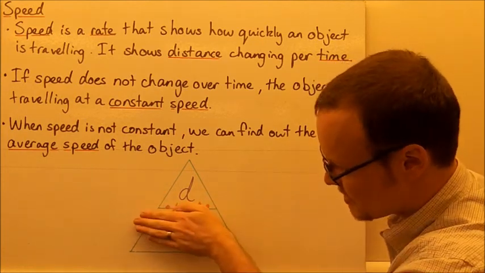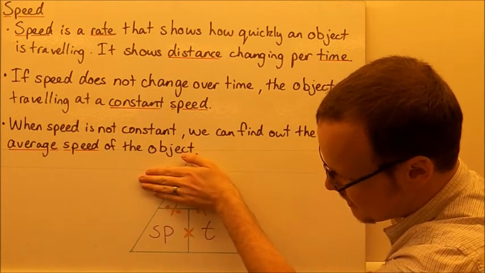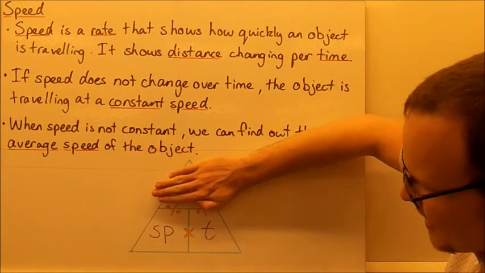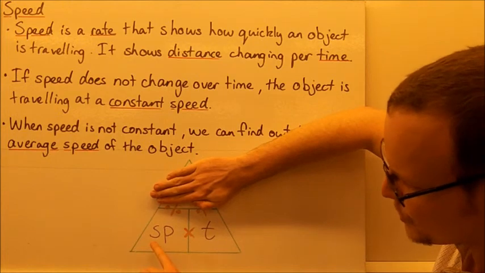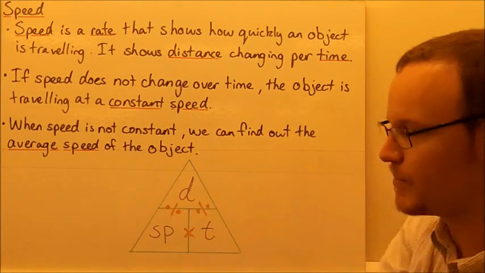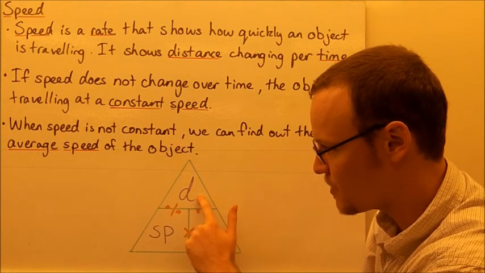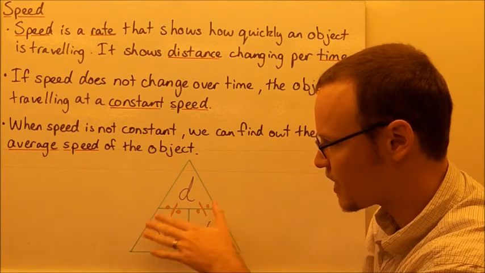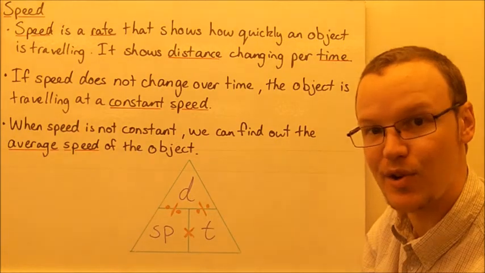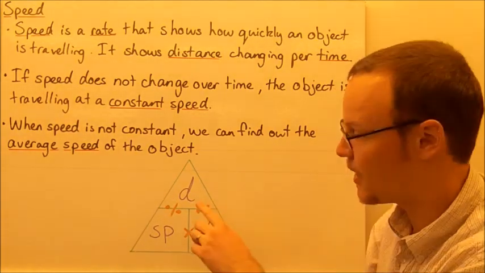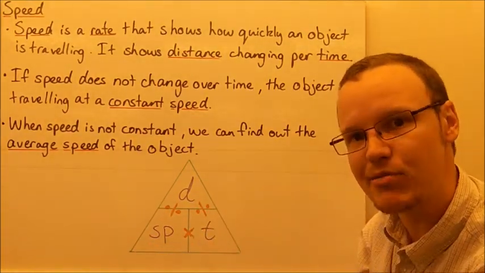If you need to find distance, cover up distance, and you see distance is equal to speed times time. So if you've got a missing piece of information, whether it's distance, speed or time, you cover up the part on the triangle that you're trying to find, and what is left is what it is equal to.